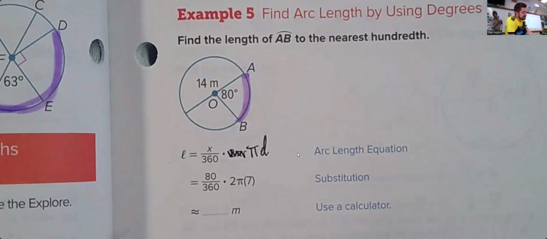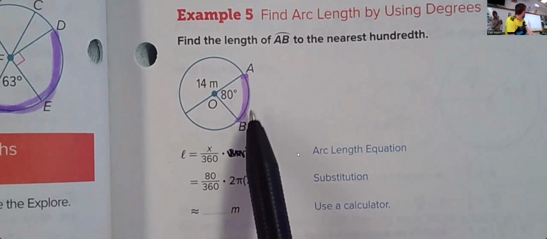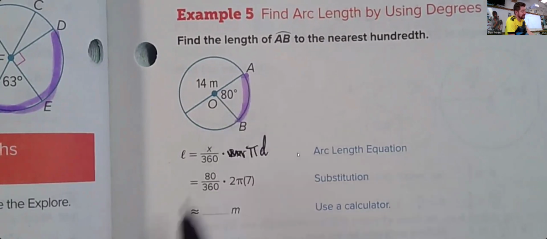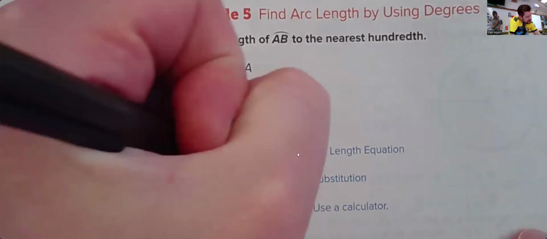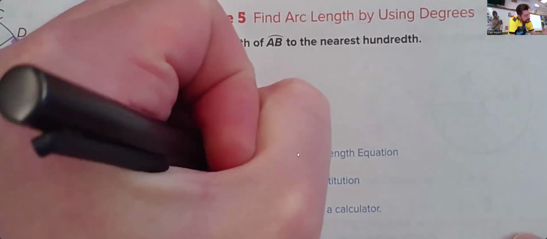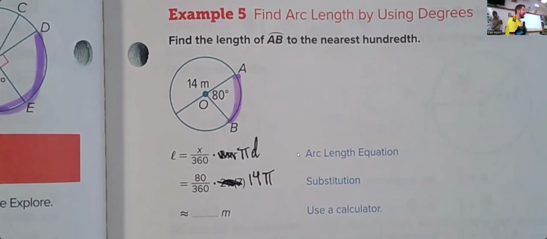The degrees we're using are 80, because the measure of arc AB is 80 degrees. And then here, we're going to say 14 pi.